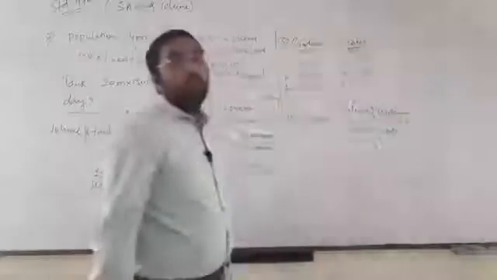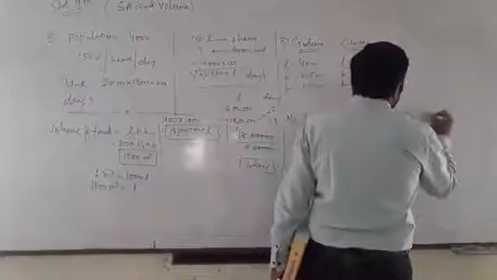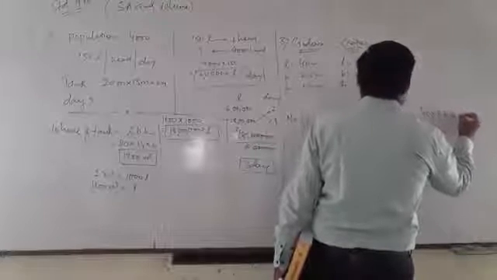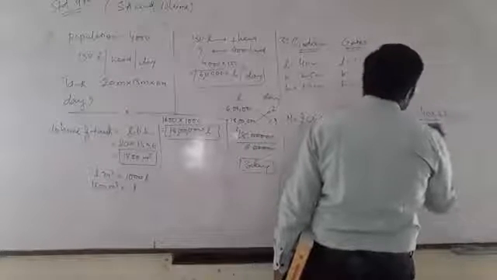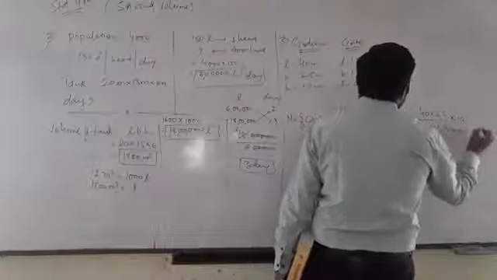Now volume of godown is 40 into 25 into 10, divided by 1.5 into 1.25 into 0.5.